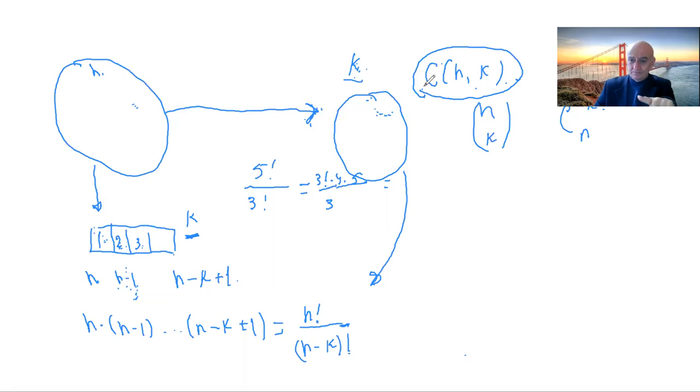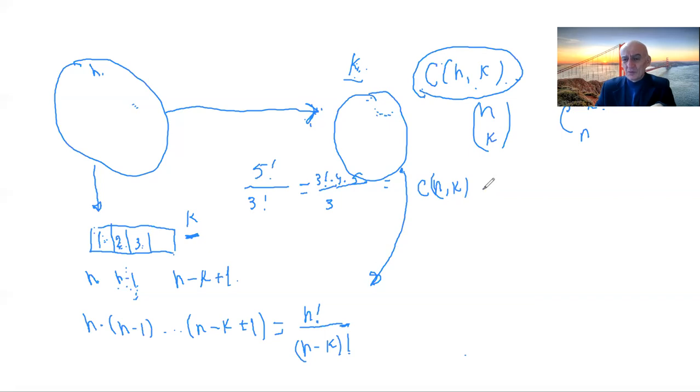So I know this symbol: in how many ways can I choose k element from this n element? This is C n k. And now this k element, what I already chose, I will arrange in particular order.